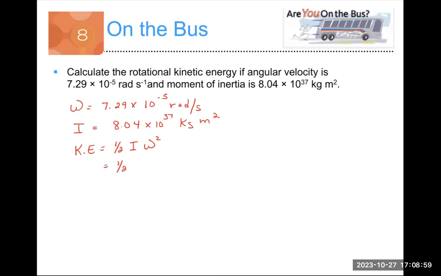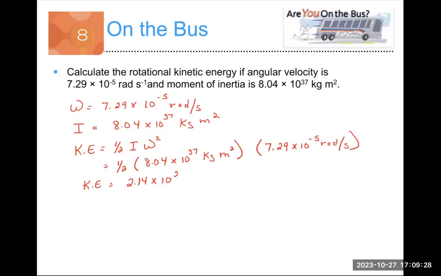So we have 1/2 times 8.04 times 10 to the 37 kilograms meter squared times 7.29 times 10 to the minus 5 radians per second. And that will give us a kinetic energy of 2.14 times 10 to 29 joules.